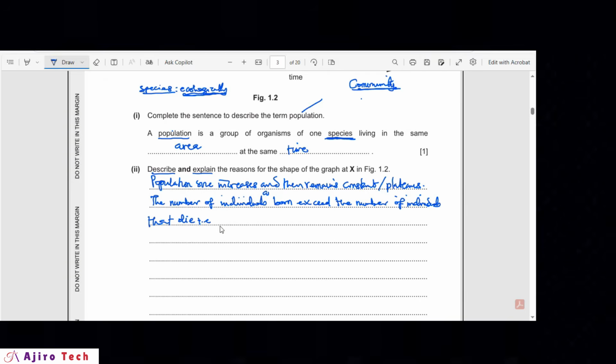That is, birth rate is greater than death rate. That's another factor here. You can also say that there's abundance of food.